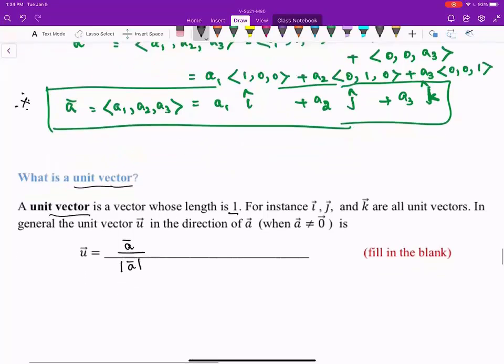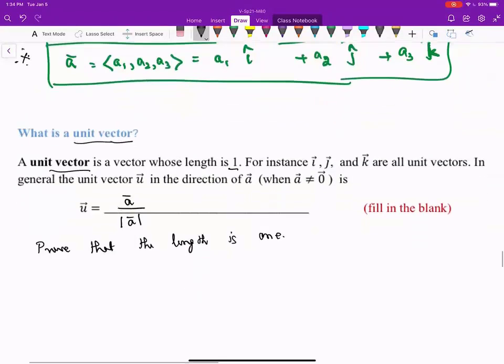The reason is, what is a unit vector? We only have to prove that the length is 1. So if you take the length of this vector, you take the length of A over the length of A. The length of A is after all a magnitude, which can come out of the absolute sign.